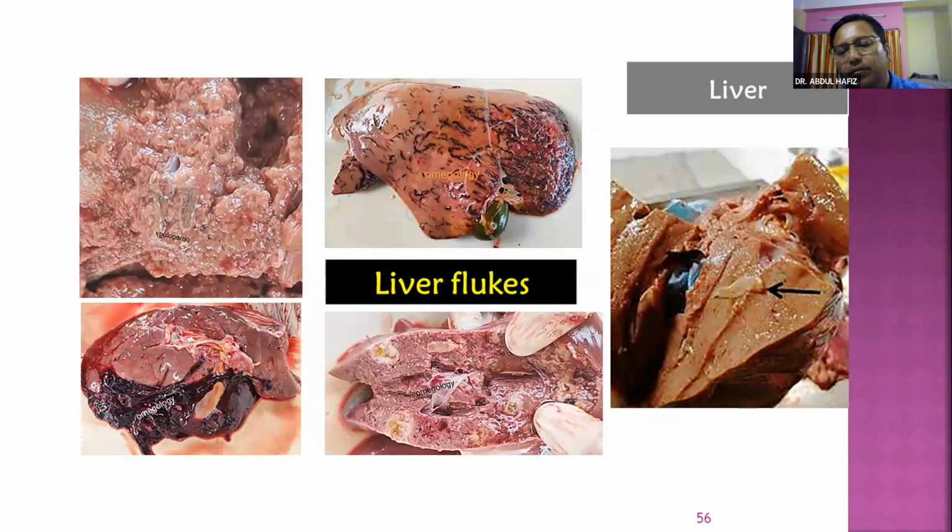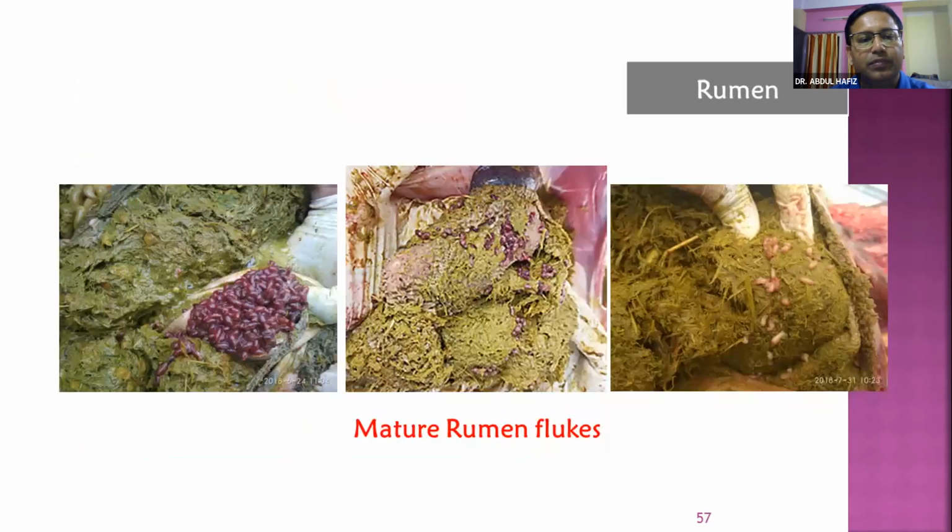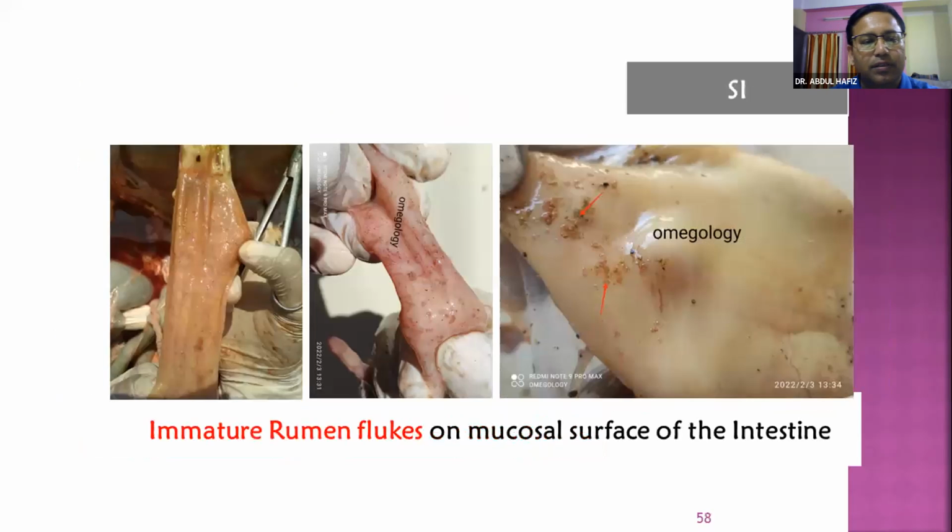See here the liver containing liver flukes. The liver is a fatty liver, with fat accumulation and some black discoloration. This is the liver fluke. This is the mature rumen fluke, amphistomes, and this is the immature rumen fluke.